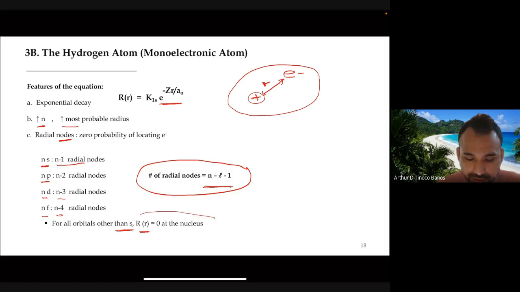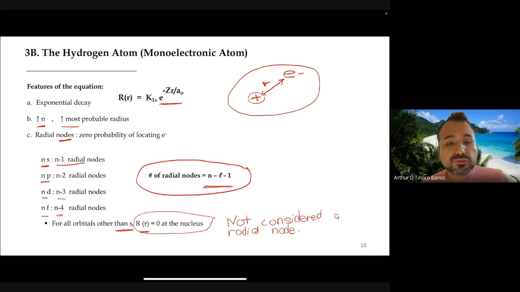In other words, there is a node right at the nucleus. Okay, and that's not actually considered a radial node. I'm going to take note of that. Not considered a radial node. All right, and this is true of all orbitals except the s orbital.